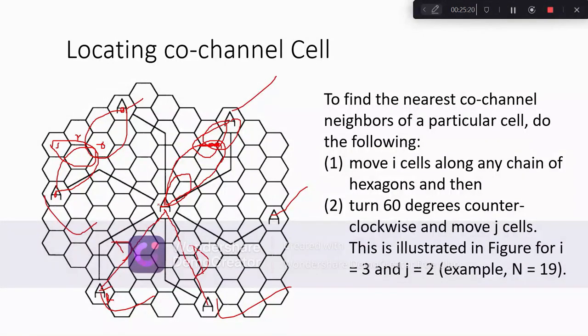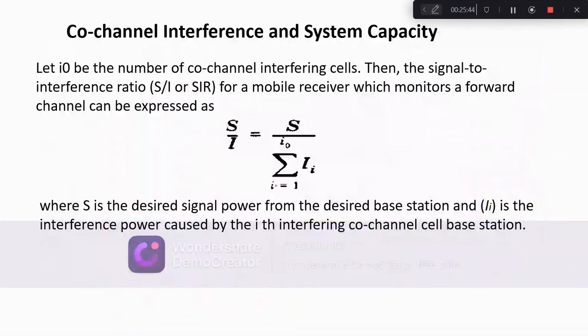So if it's in the middle, its signal will face interference from 1, 2, 3, 4, 5, 6 co-channel cells in the neighborhood. So we need to take the interference of this one and then that one and everyone around it. That's why we use i from 1 to 6, and the interference of each co-channel cell.